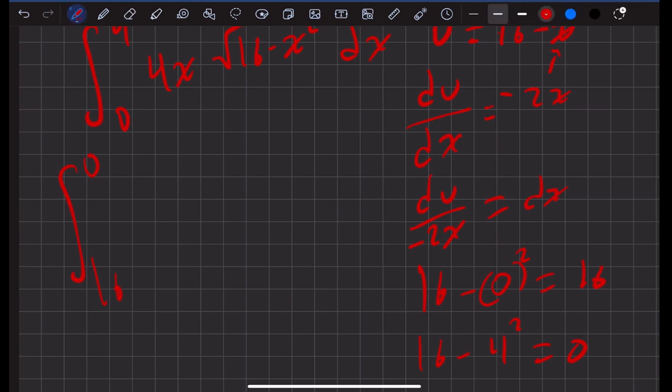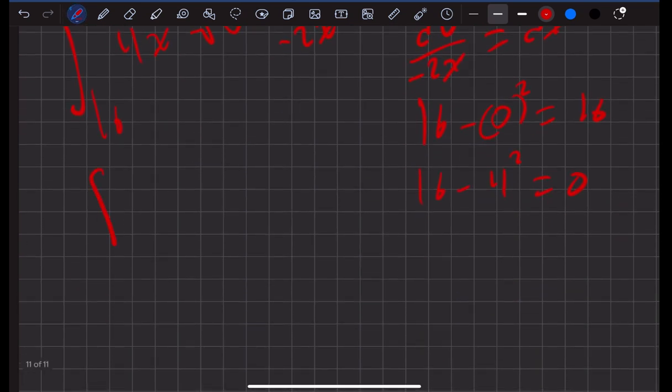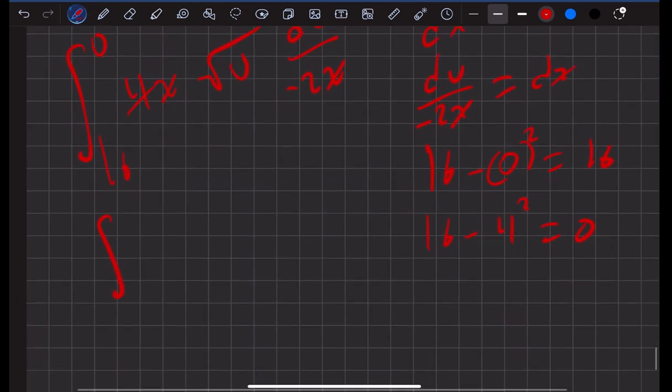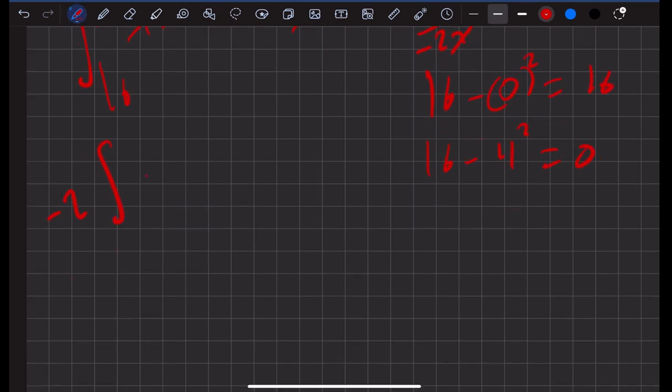We'll go ahead and plug in our u's: 4x square root of u times du over negative 2x. After we solve for this, that's going to come out to negative 2 times the integral of u to the 1/2. This changes the notation, which makes it easier when we do the antiderivative methods.